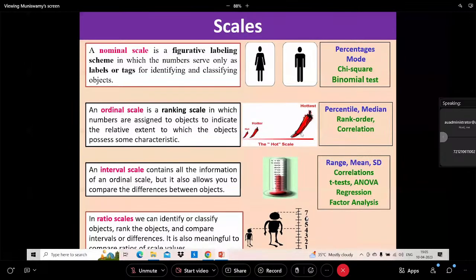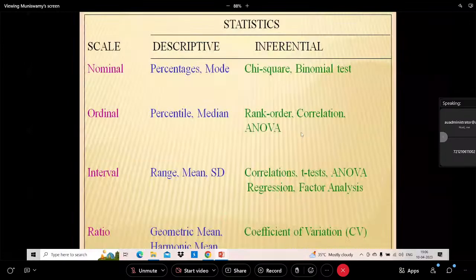So these are all the variable types and statistical applications. In the next classes, I'm going to take data analysis using Excel and SPSS packages. If you want to analyze any kind of data, you should know the variable types.